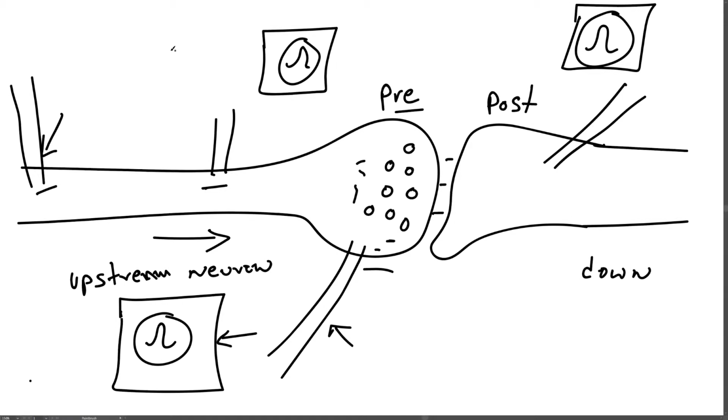Miledi states in the very first sentence of his paper, "As far as is known, all chemical synapses cease to transmit impulses if calcium ions are absent from the external medium."